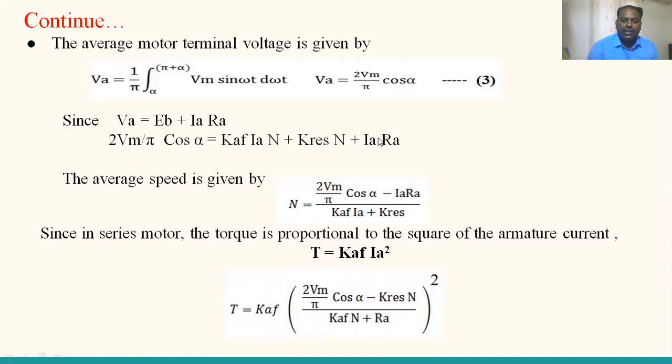So from the equation 2 Vm by pi cos alpha is equal to KF IA N plus KRES into N plus IA R, you can separate the term IA. IA is equal to 2 Vm by pi cos alpha minus KRES into N divided by KF N plus RA. Identifying the value of IA, that should be squared. So this equation is useful for calculating the torque. Here we are getting the torque equation in terms of the speed.